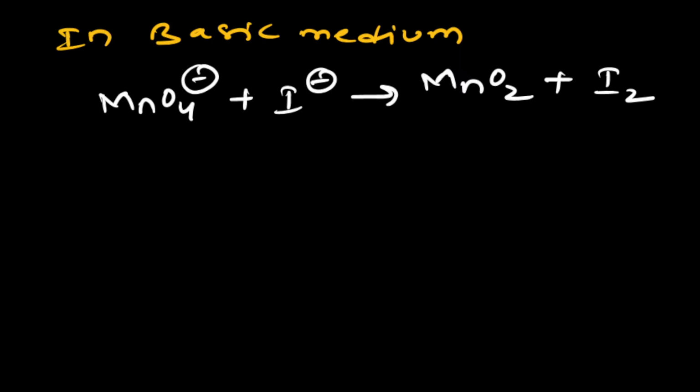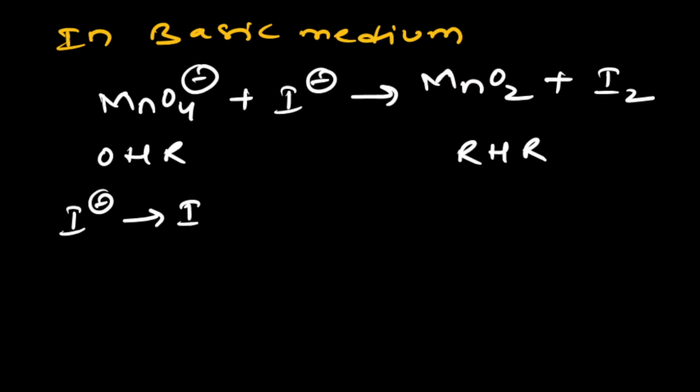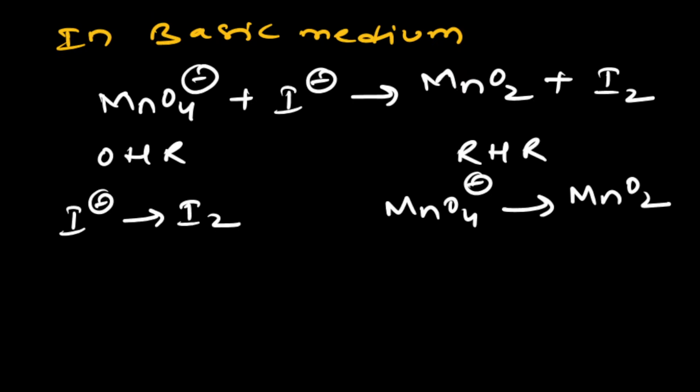Now, same thing again: oxidation reaction, reduction reaction. First, balance the atoms in the reduction reaction, which gives MnO2. Done. After that we have to balance the atoms. Instead of balancing it with a half, balance it with 2 here.